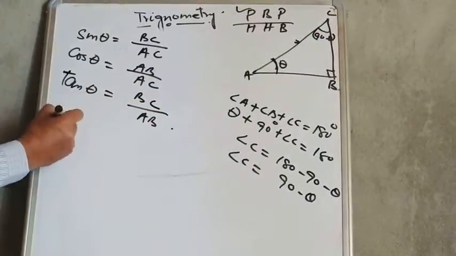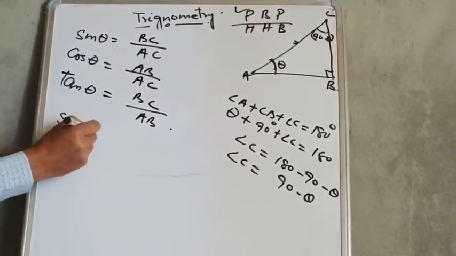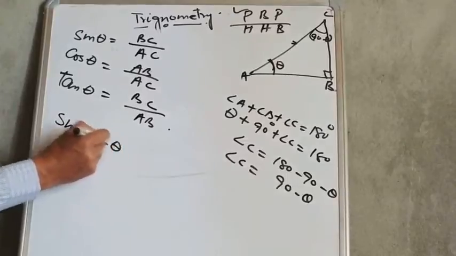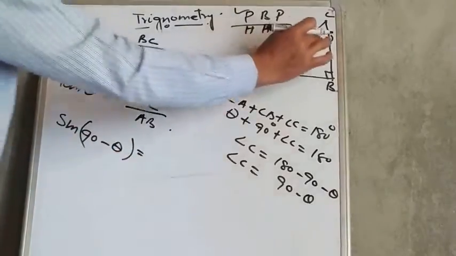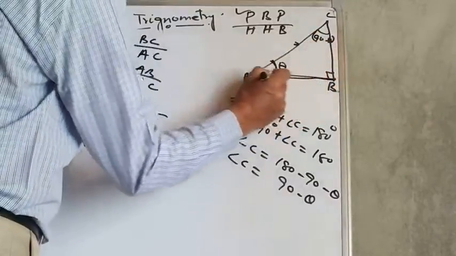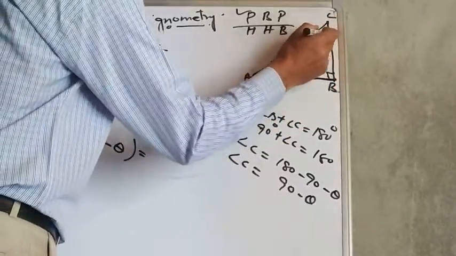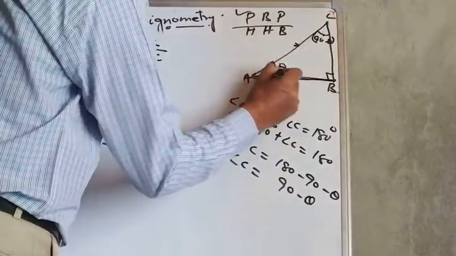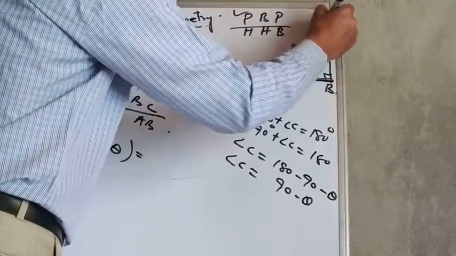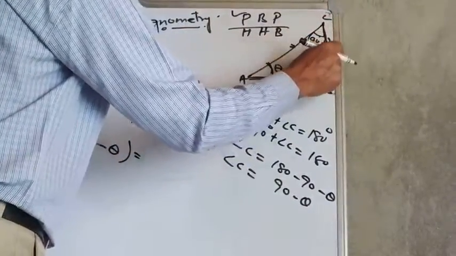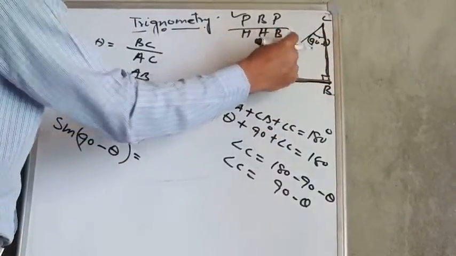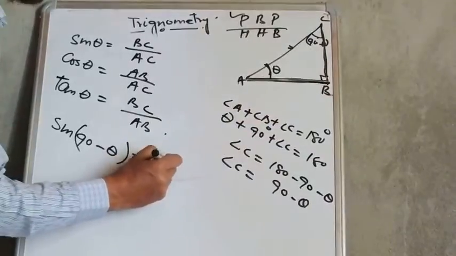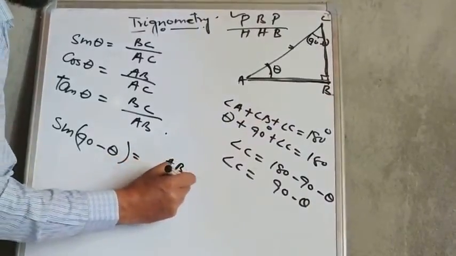Now, what is sin(90 minus theta)? When you are considering this angle, AB is your perpendicular, and BC is adjacent to this angle, so this is base. So this is perpendicular divided by hypotenuse, that is AB divided by AC.